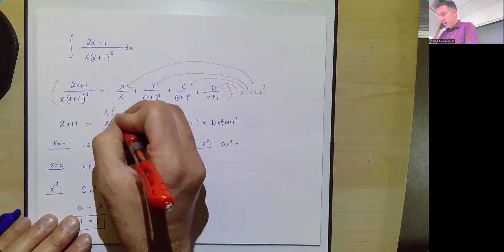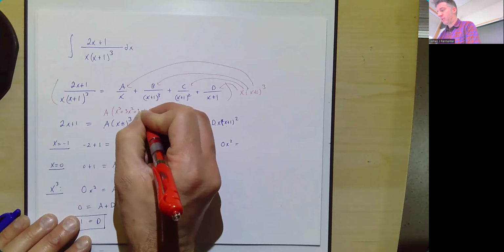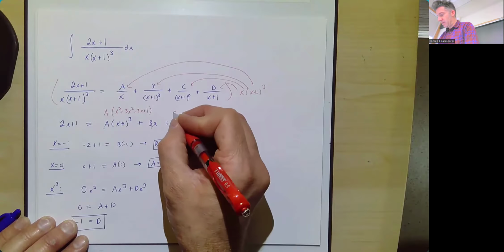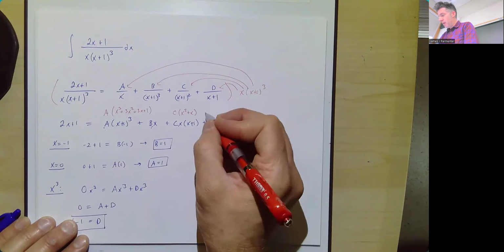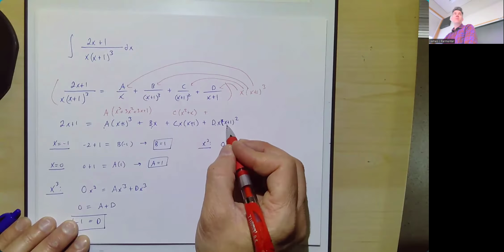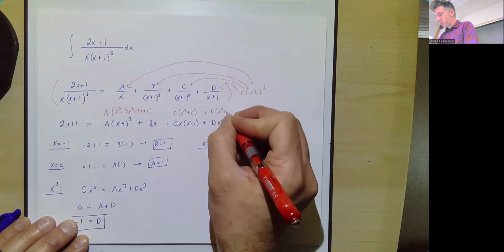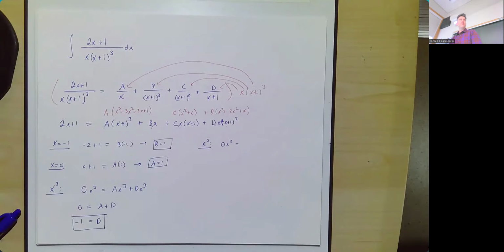It's going to be x cubed plus 3x squared plus 3x plus 1. C times x plus 1 is c times x squared plus x. And x plus 1 squared is x squared plus 2x plus 1. If you multiply that by x, you get x cubed plus 2x squared plus x.